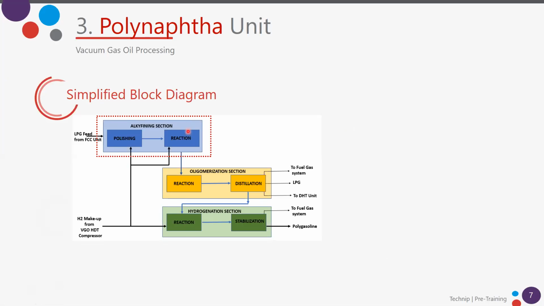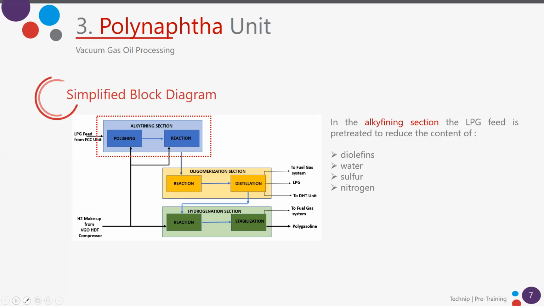The alkyfining section. Here we receive the LPG feed, remember, from the FCC unit. The LPG feed is pretreated in order to reduce the content of diolefins, water, sulfur, nitrogen, and oxygenate compounds.